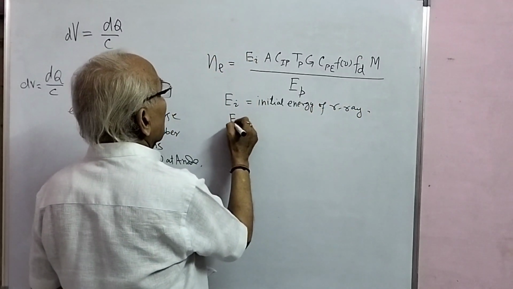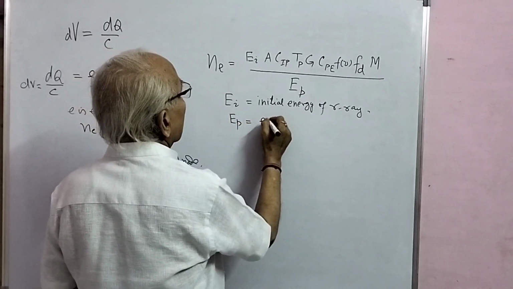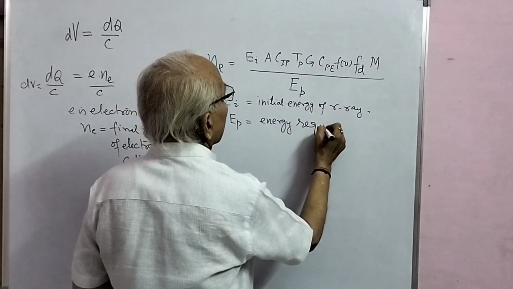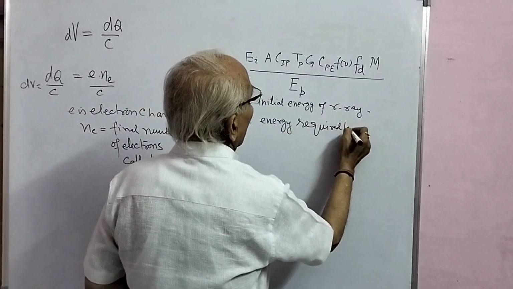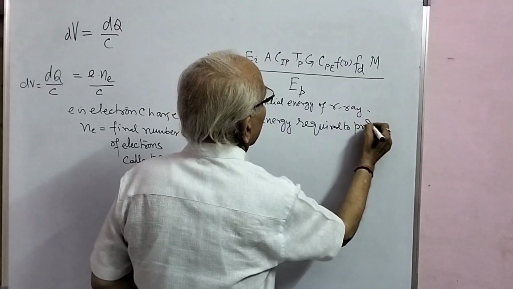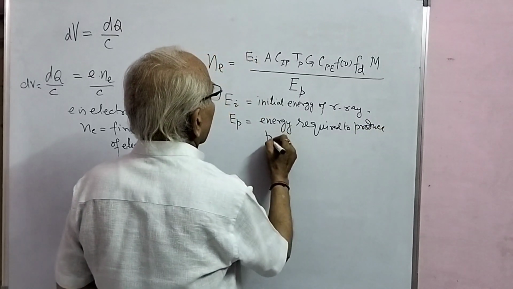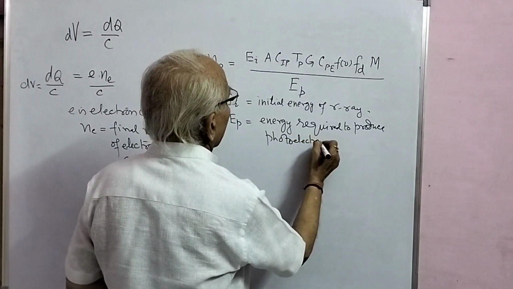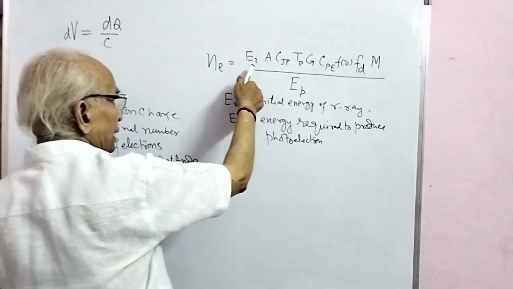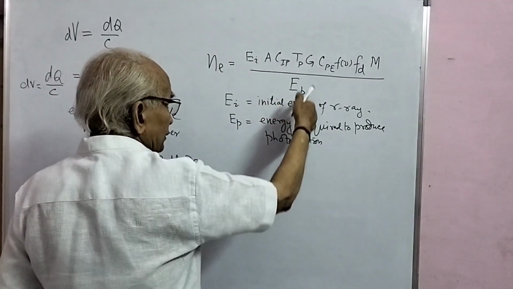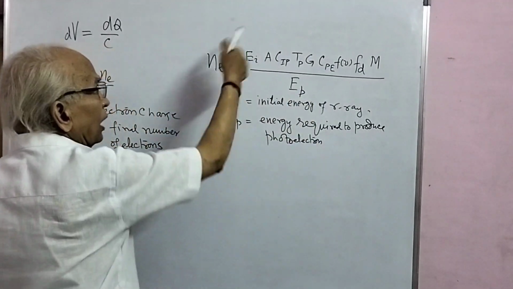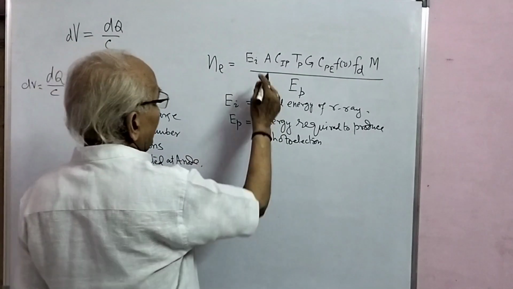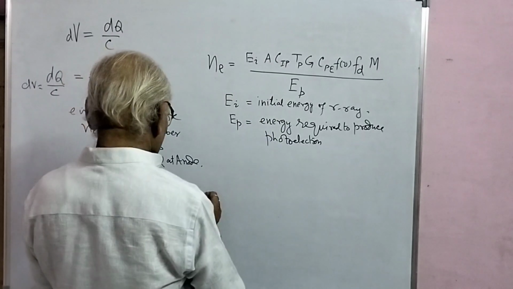EP is the energy required to produce a photoelectron. So by this energy deposition, if this energy is required per electron, how many photoelectrons are produced by the gamma ray?